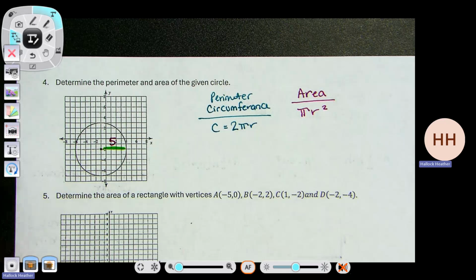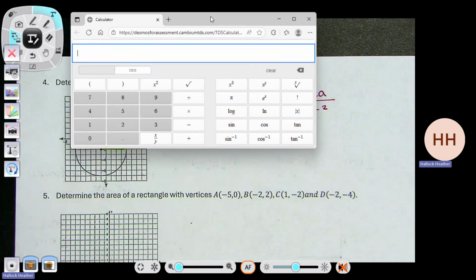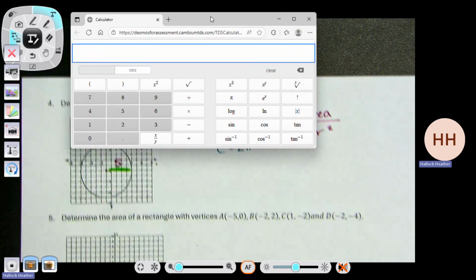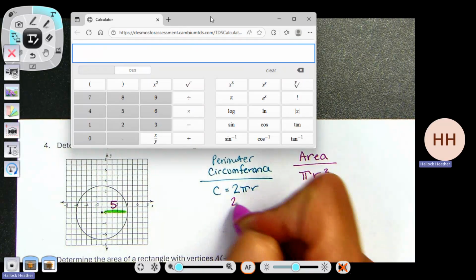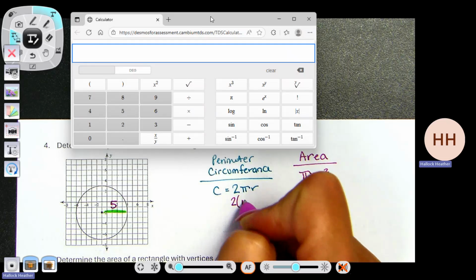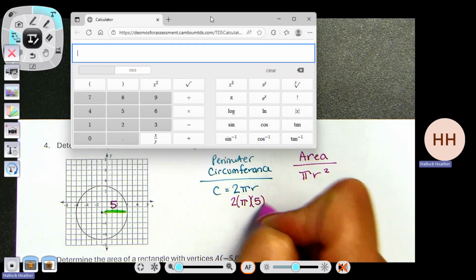So all I need to do is plug this in. In your calculator, which we should have used whenever we did 3D shapes, but I was still on summer mode, so I wasn't thinking properly. You can literally just type this all in here. You're doing 2 times pi times 5.